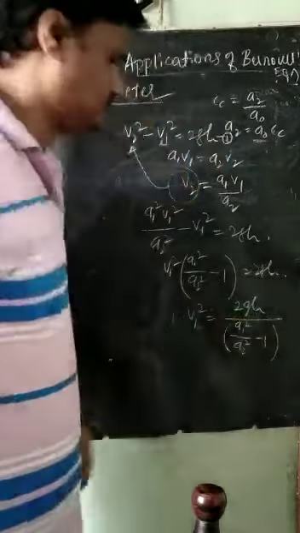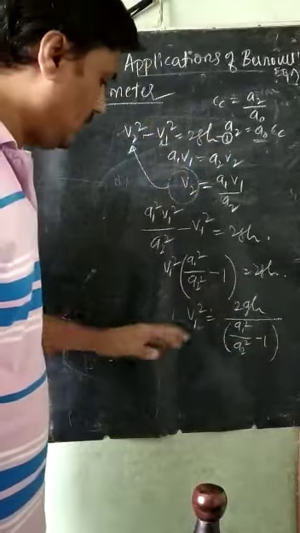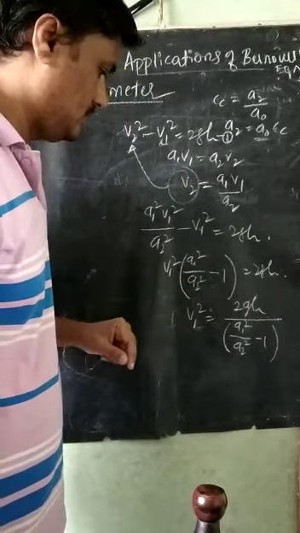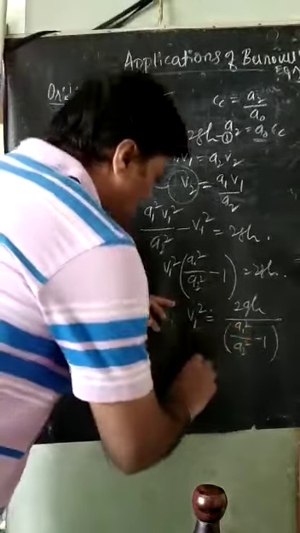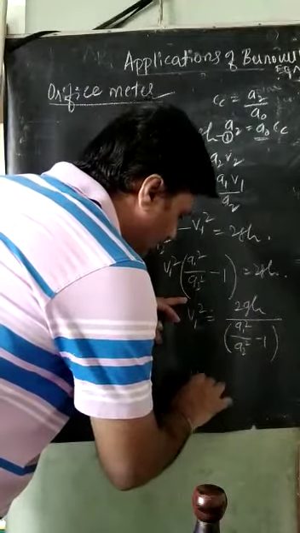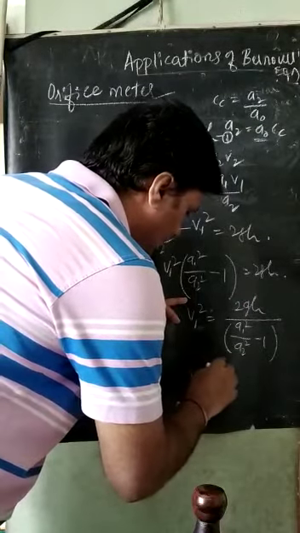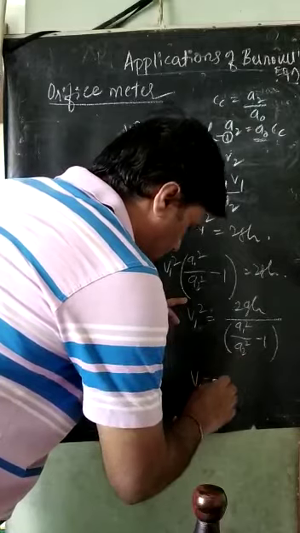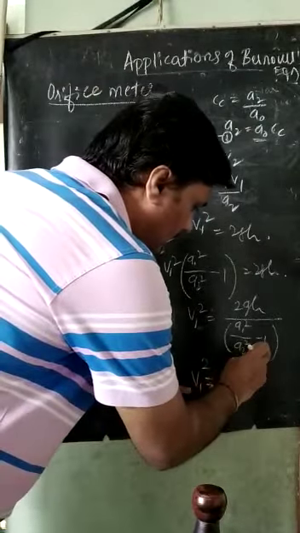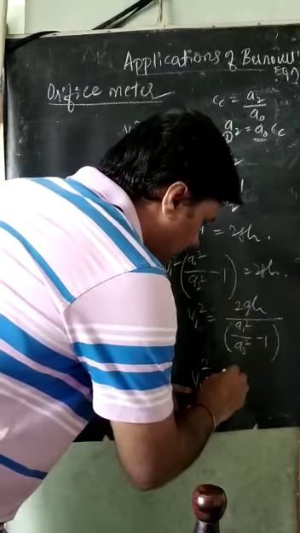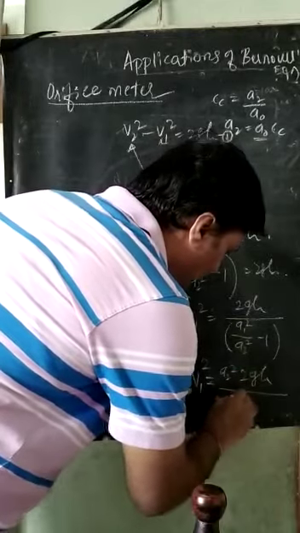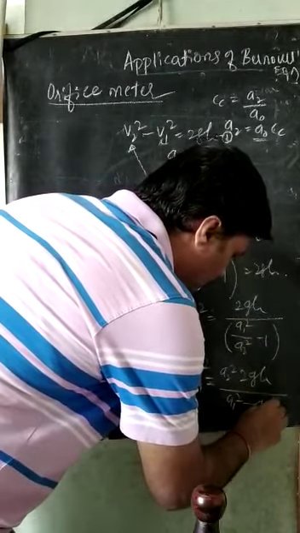Taking the LCM and moving it to the upper side, V1 square is equal to A2 square 2GH divided by A1 square minus A2 square.